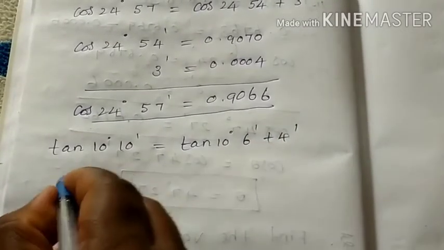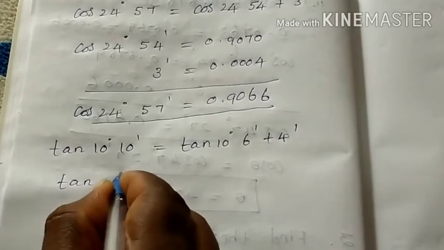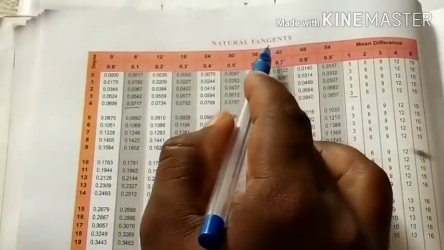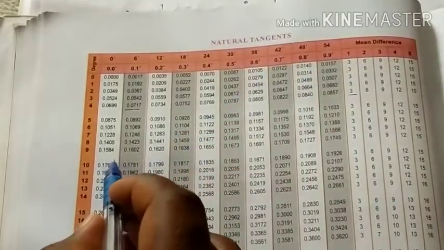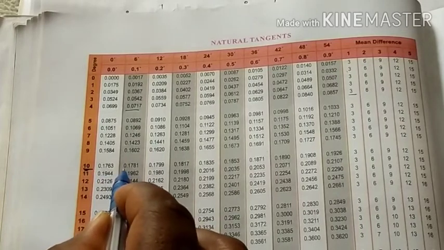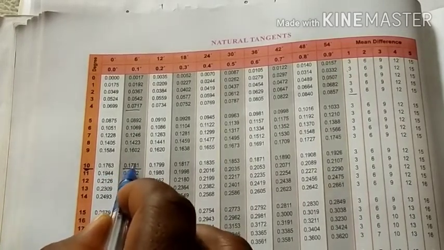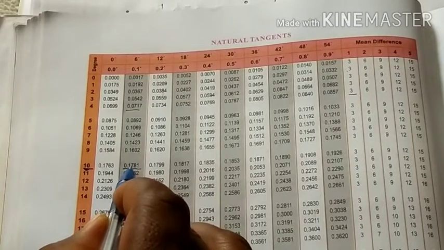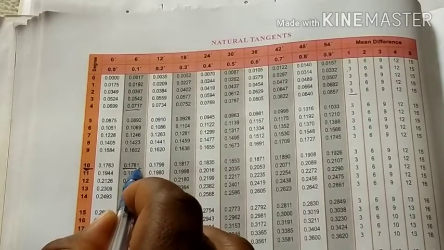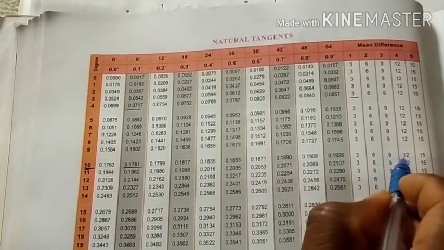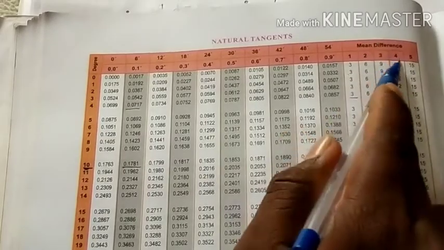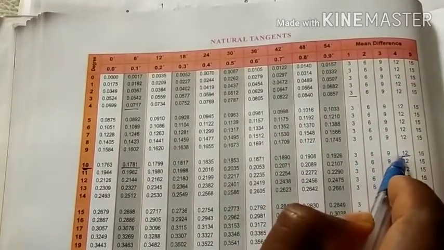So tan 10 degrees 6 minutes equals, from the natural tangents table, the 10 degrees 6 minutes value, 0.1781. Then the mean difference value is 4, so the corresponding value for 4 is 12.